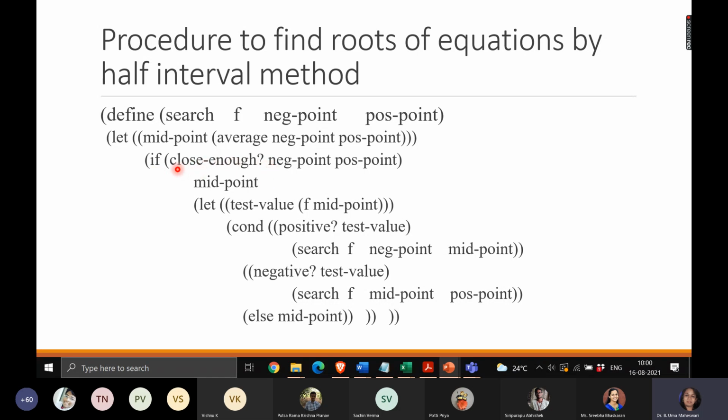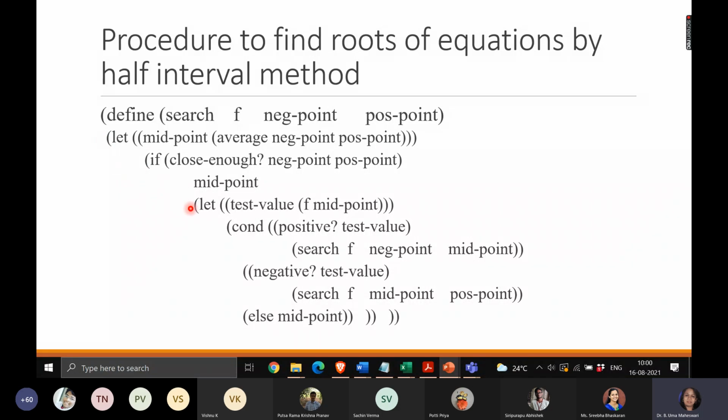Here we are calling close-enough. The close-enough must be returning true or false, right? For the close-enough we have 2 arguments, and it is going to return you a value, midpoint. So this midpoint, where it goes, where you are returning, let's look at.